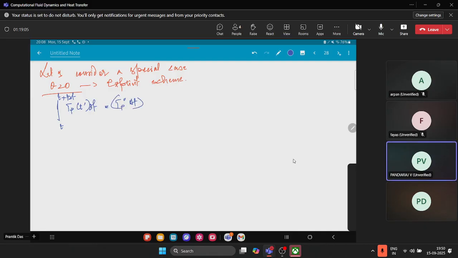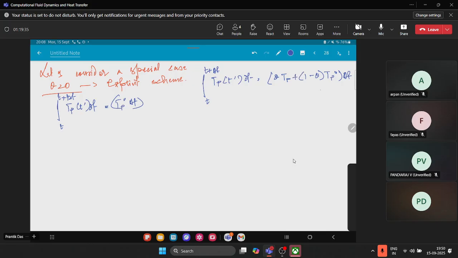Since I've written the equation as the integral from t to t plus delta t of TP prime, and this integral is equal to theta TP plus 1 minus theta TP naught, times delta t. Is it clear?